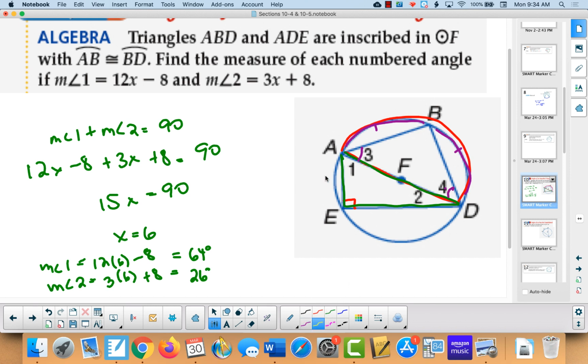Also, this is a semicircle, which makes angle B a right angle. And so this triangle right here, ABD, is a right triangle. So we have a right triangle where the acute angles are congruent. That makes them each 45.